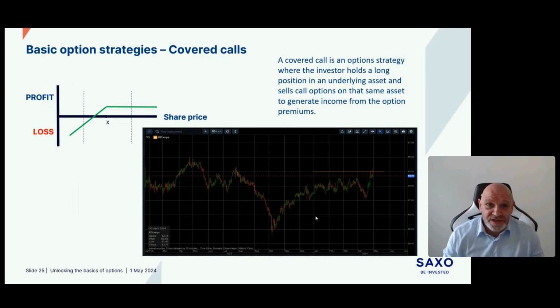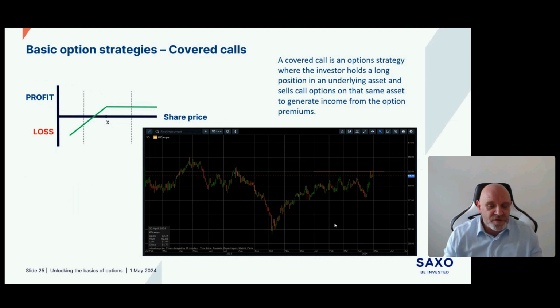That's why it's called covered, because you have those underlying stocks. If we look at the graph of Coca-Cola, that would mean that you have 100 shares of Coca-Cola and you sell one option contract, which covers 100 shares.